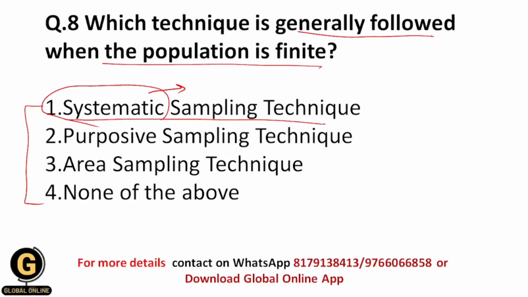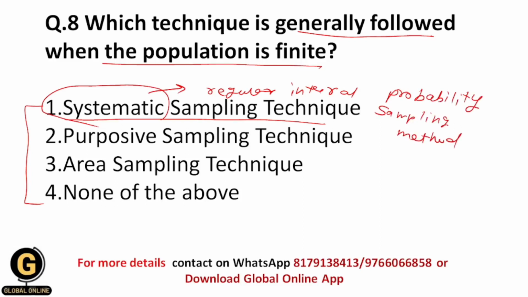That means a researcher selects the members of a population at regular intervals, and this is a technique used in the probability sampling method.